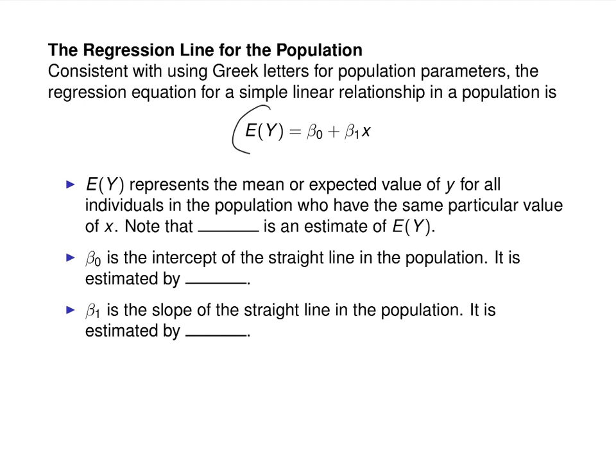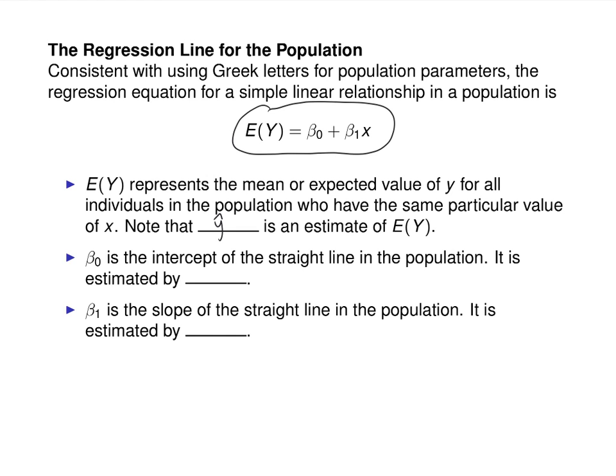So E of Y, the expected value of Y, is beta naught plus beta 1 x. That E of Y represents the mean or expected value for Y for all individuals. And note that y hat is an estimate of this expected value of Y.